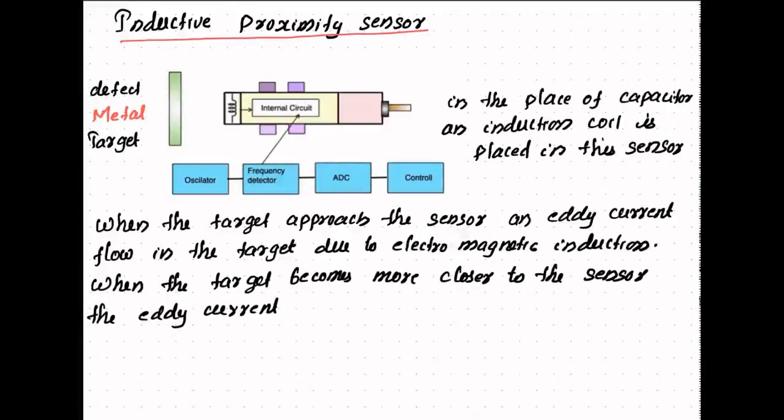The inductive proximity sensor is widely used to detect ferrous target.